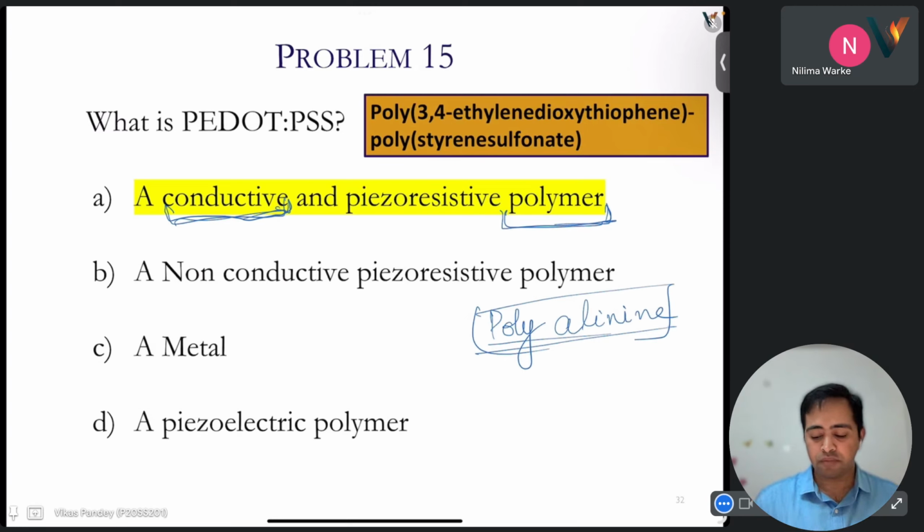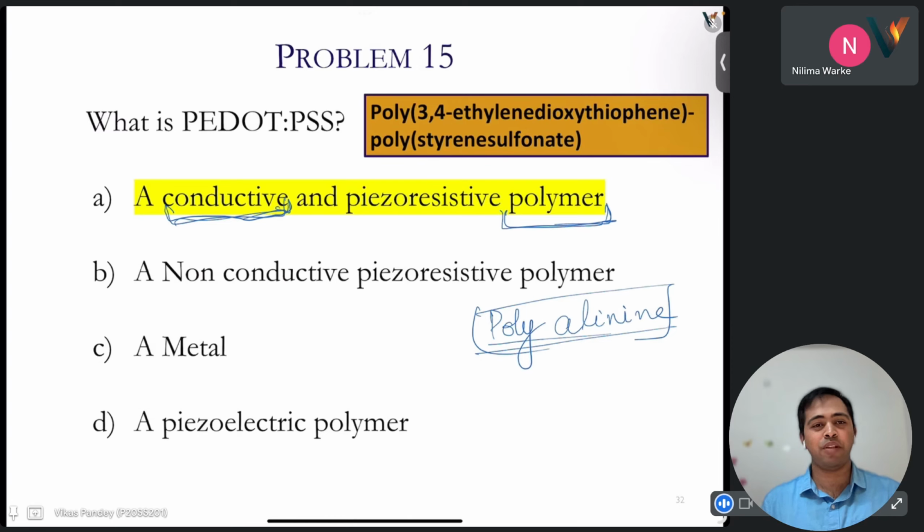Fine. Any confusion till here? This long form is also yet to be remembered, right? No, no need to remember these things. I have just put this in. In fact, I believe most of the things you should not remember.